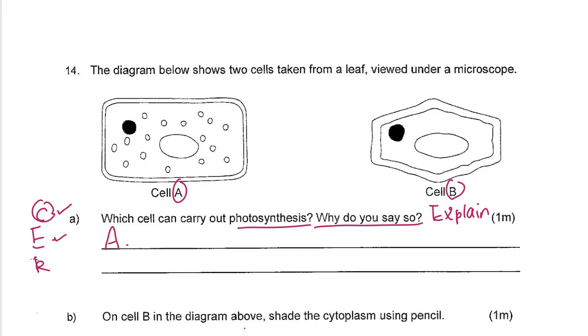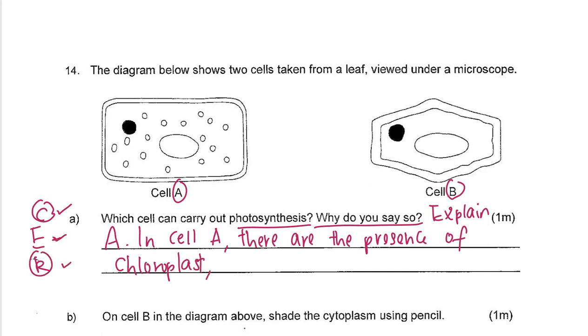Now, from the evidence in the picture, you see that in cell A, there is the presence of chloroplast. Okay, now as a result of the chloroplast, what does it do?